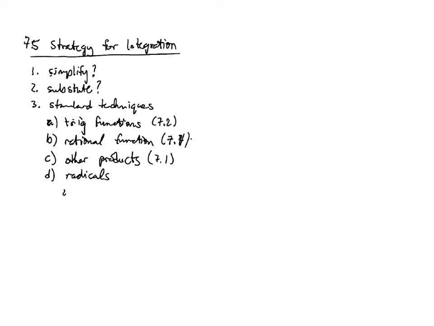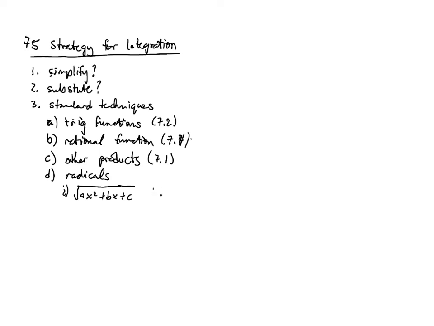And the two primary cases that we'll see: case one is if you have a square root of a quadratic function, and this is a situation where you can do completing the square in order to apply an appropriate trig substitution.